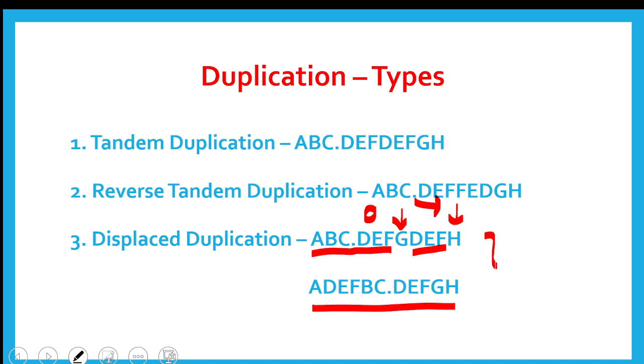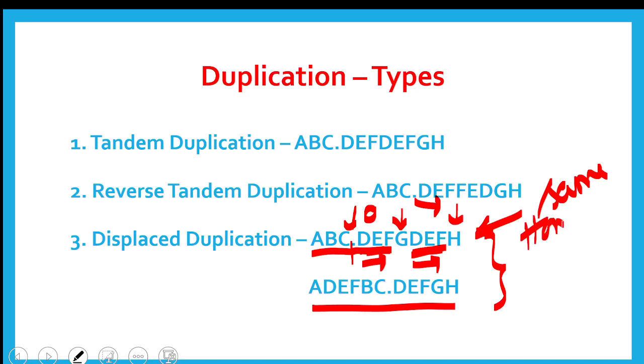The only difference between these two is, in this case, it is present on the same side of the centromere. This is the centromere, and DEF is present on this side and the duplicated segment is also present on this side of the centromere. Hence we call this homobranchial.